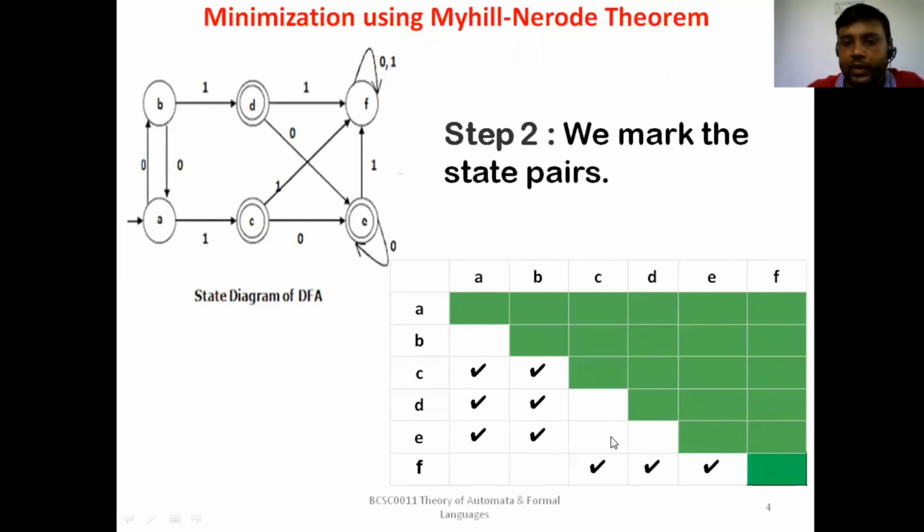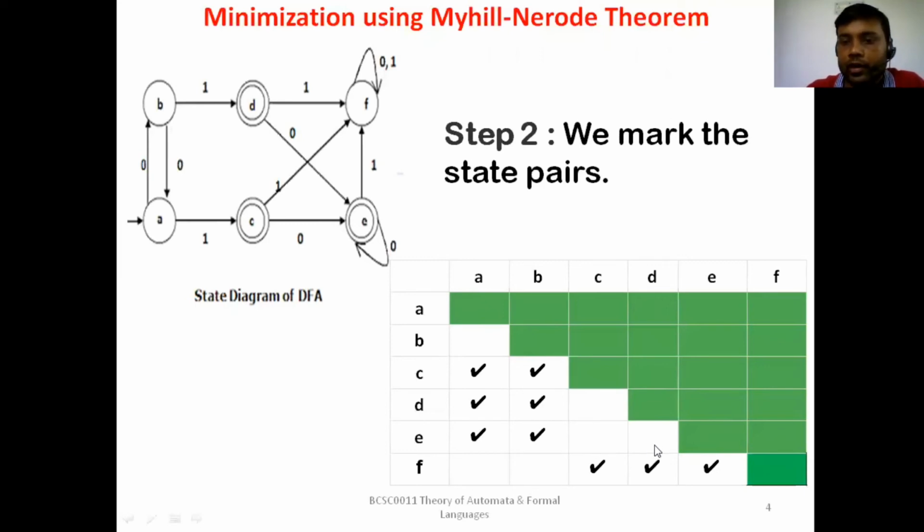In the same way, if you consider this pair CE, zero transition for C goes to E and zero transition for E goes to E, and the pair EE is not marked previously. In the same way, the one transition for C goes to F and the one transition for E goes to F, and FF has not been marked earlier, so we cannot add here.